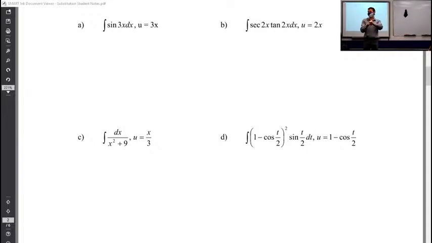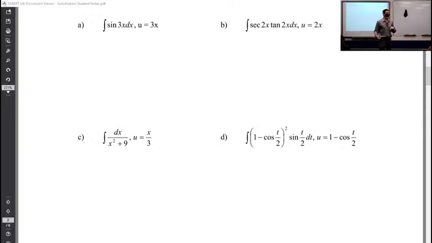The biggest clue, clue number one, is that you have a function that's inside of another function. So up here we had the 2x happening inside of secant and tangent. I had the 3x happening inside of sine. That's one thing about the chain rule: it tells you the derivative of a function inside another function.